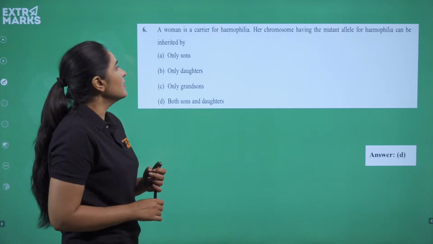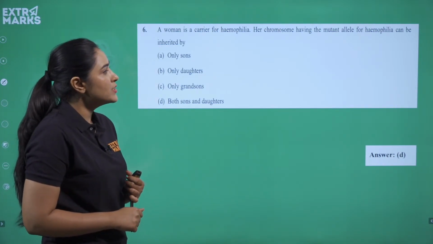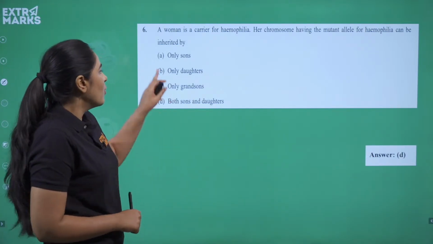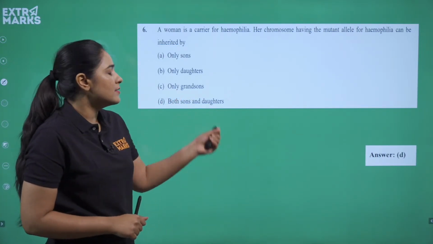Another question: a woman is a carrier for hemophilia. Her chromosome having the mutant allele for hemophilia can be inherited by only sons, only daughters, only grandsons, or both sons and daughters.